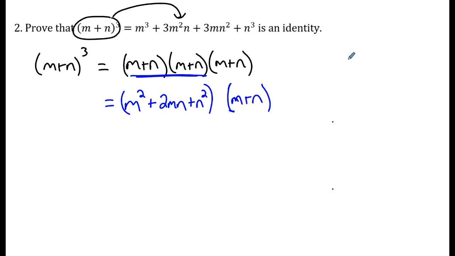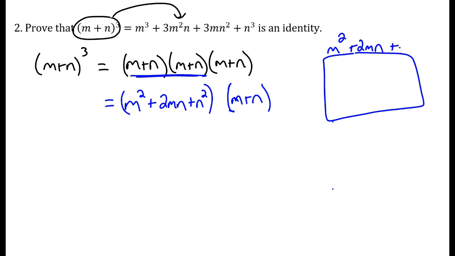So if I was to make a table on the side here, let's see, m squared plus 2mn plus n squared, times m and n. Okay, so it's a 3 by 2 table here. m squared times m is m cubed. 2mn times m is 2m squared n. n squared times m is mn squared.